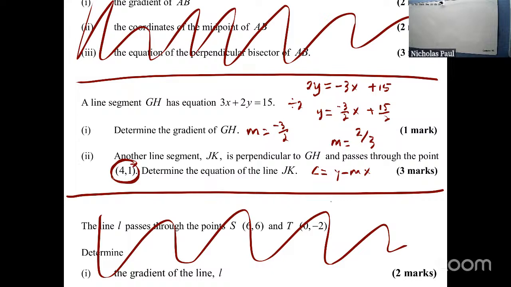You're plugging in y. Y is 1. Gradient is 2/3. X is 4. So you get 1 minus 8/3, which is minus 5/3. So your final answer is y is equal to mx plus c. Okay, that's the final answer.